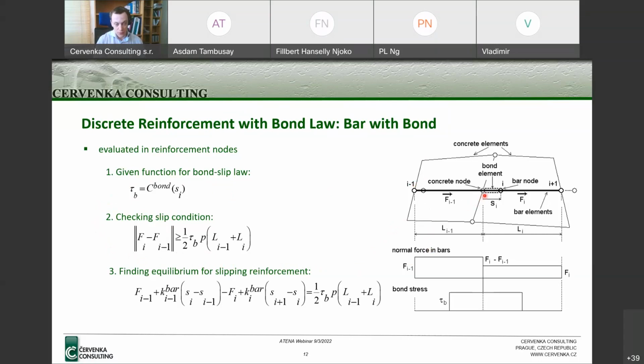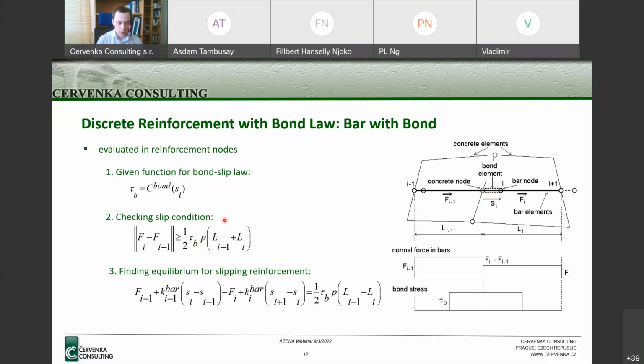For instance, for this node, I have one force in the reinforcement from the left side, another one from the right side, which is the left-hand side of this equation, and the slipping occurs if the difference of these forces is higher than the cohesion along the reinforcement. For this node, the cohesion force will be calculated in half of this section and half of this section.